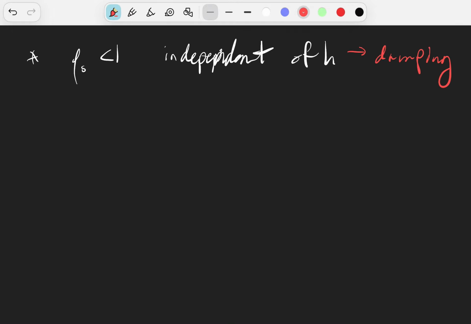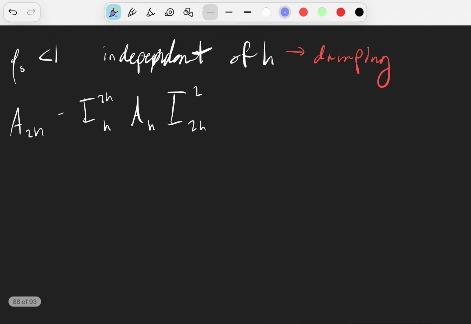Now, another thing that's important to note is the coarse grid correction itself, which looks like the stiffness matrix, should be consistent with the interpolation, the restriction and the prolongation. This is called a Galerkin coarse operator.